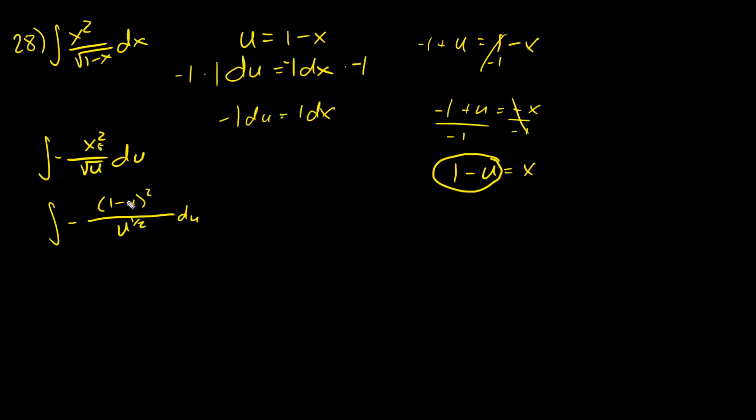And since I don't want to solve this, I can simplify it. 1 minus u squared, you could FOIL it, 1 minus u times 1 minus u.